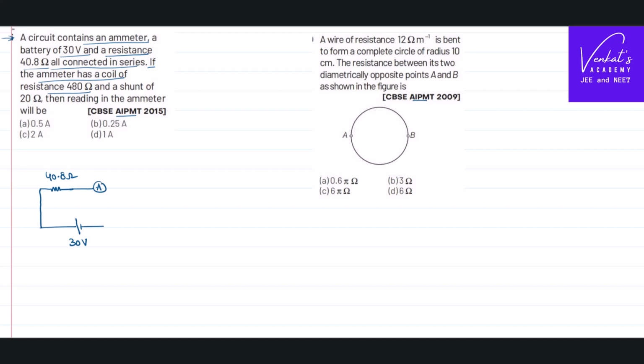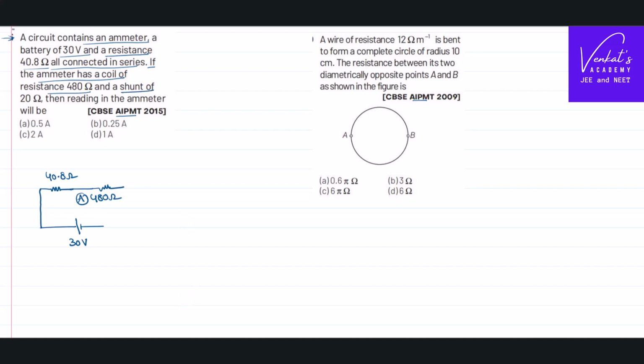He is saying this ammeter has a resistance of 480 ohms. So, if required, in the place of ammeter, I can just draw a resistance of 480 ohms, because we are just talking about resistances. Look at the next part of the problem.